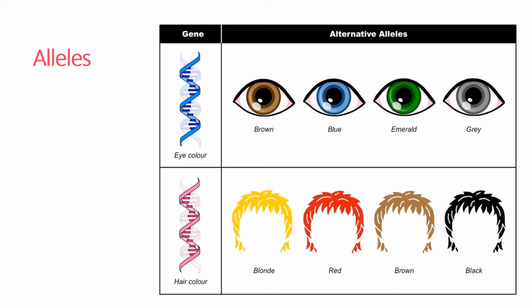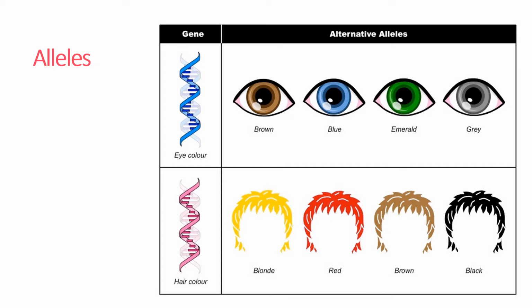In fact, it's possible for there to be more than just two versions of each gene. When we look at the alleles for eye color, we see that there's the possibility of brown eyes, blue eyes, green eyes, or gray eyes. Those are all different alleles of the eye color gene.